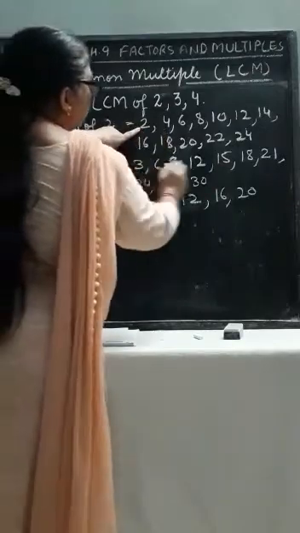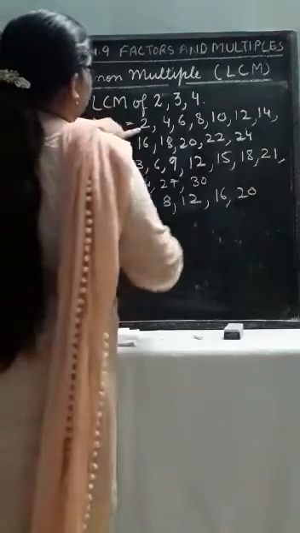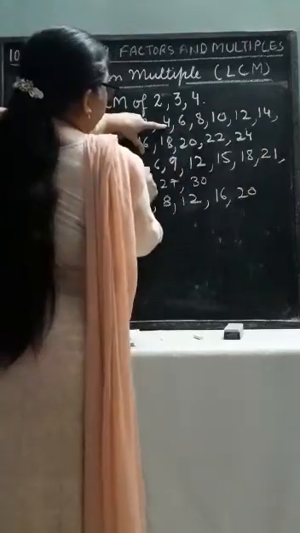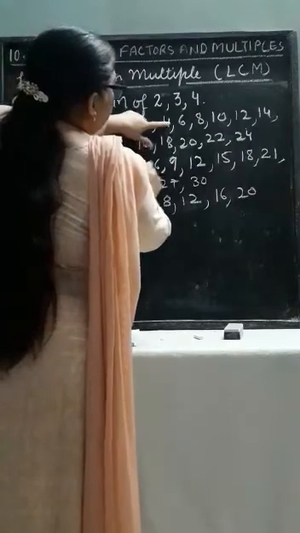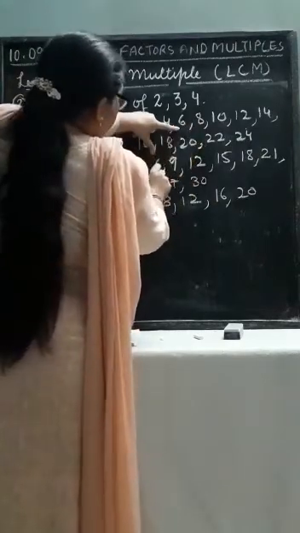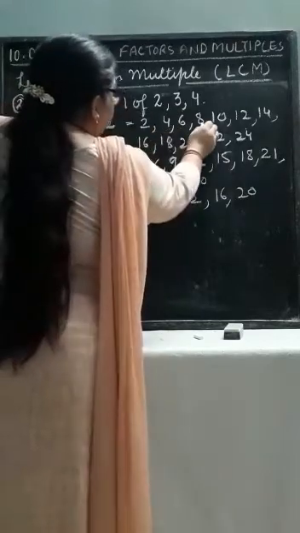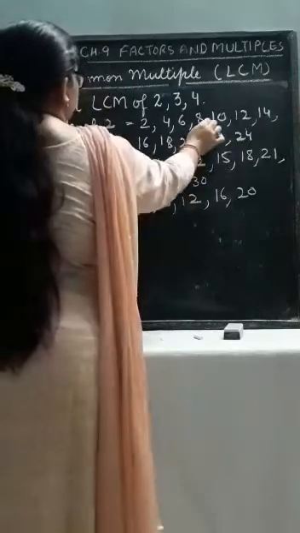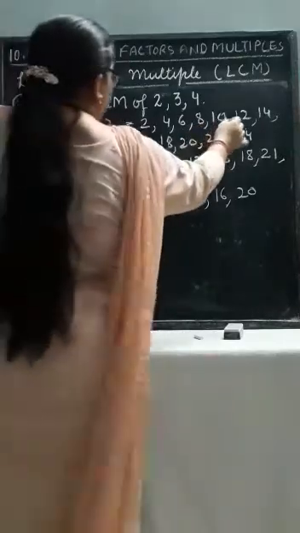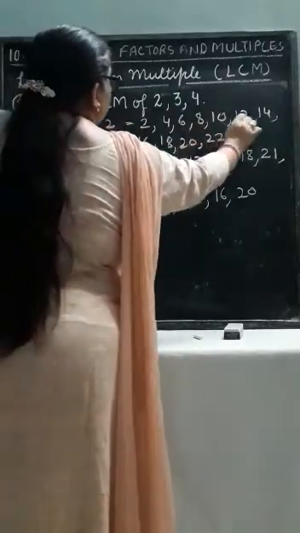Here it is 2, but we don't have 2 in multiples of 3 and 4. 4, we can find out 4 in multiples of 4 but not in multiples of 3. 6 in multiples of 3 also but not in multiples of 4. 8 in multiples of 2 and 4 but not in multiples of 3. 10 only in multiples of 2. 12.